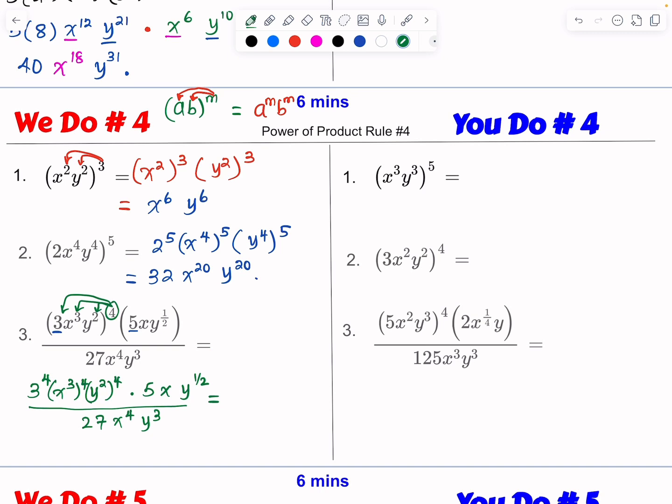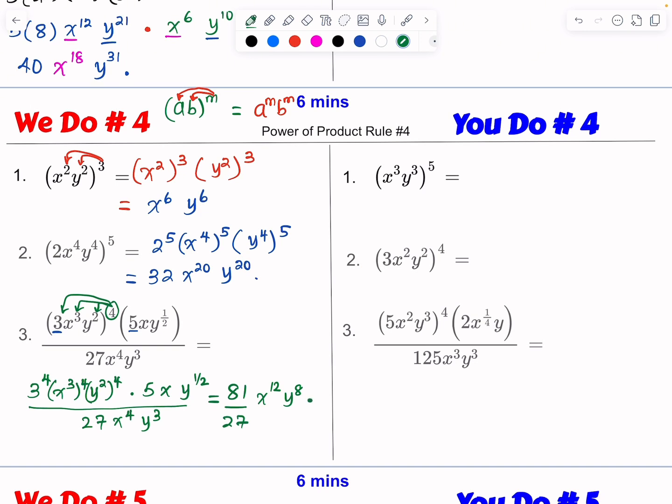And then let me simplify. 3 to the power of 4 is going to give me 81, and then divide that one by 27 because those are numbers, right? And then x to the power of 3 to the power of 4 will give me x to the power of 12. And then this one will give me y to the power of 8.